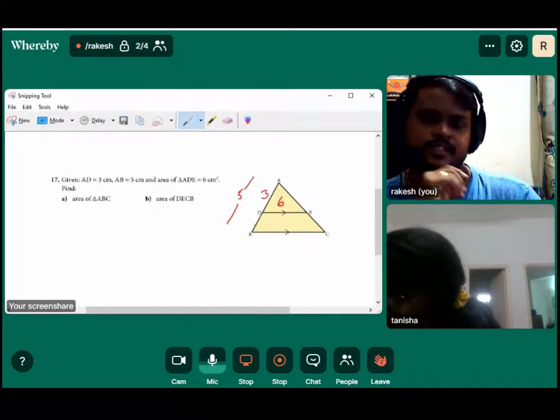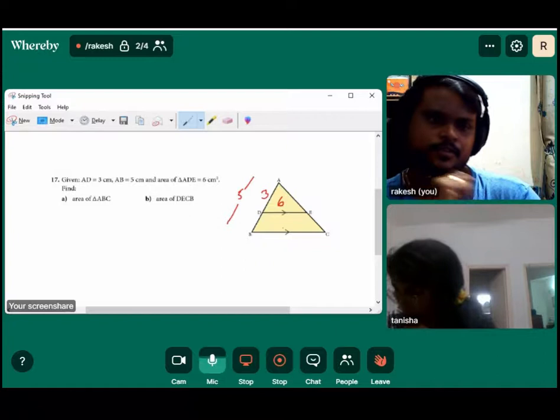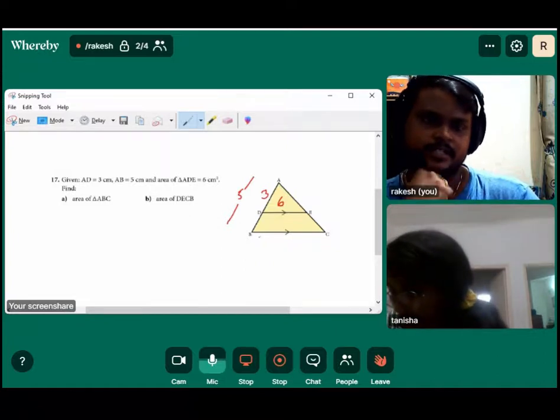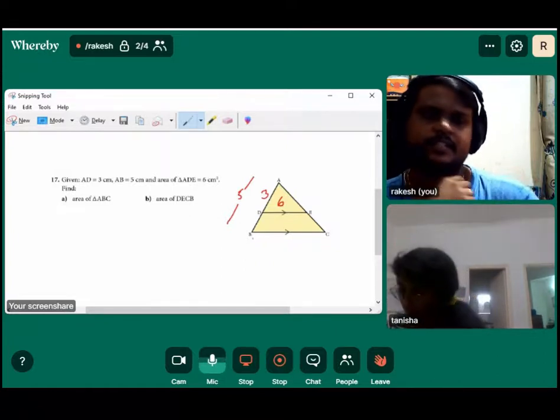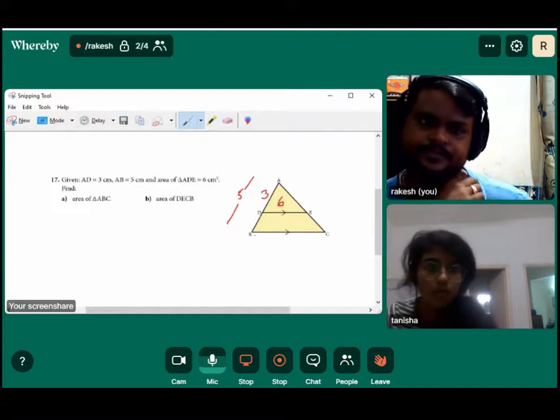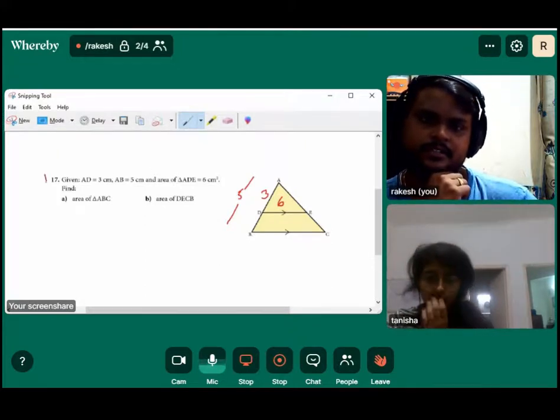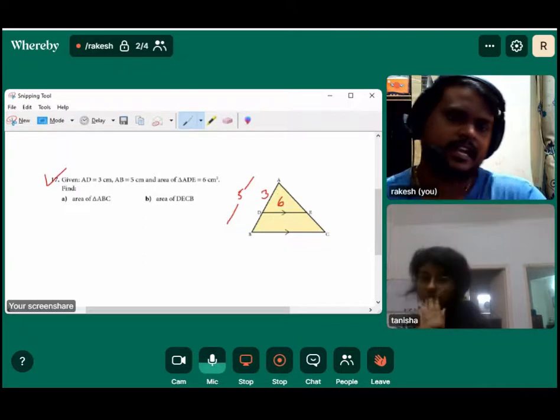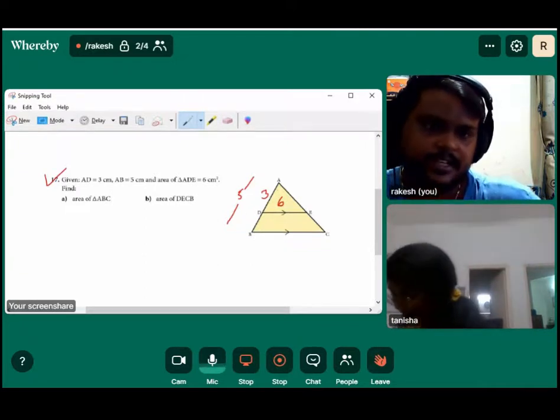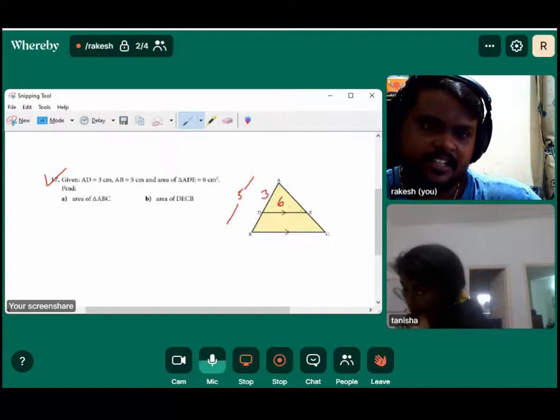So in this question, first of all, we have to prove that the triangles are similar. Are you taking directly the ratio of their area? Because they are not given that the triangles are similar, right? They just mentioned that DE is parallel to BC.